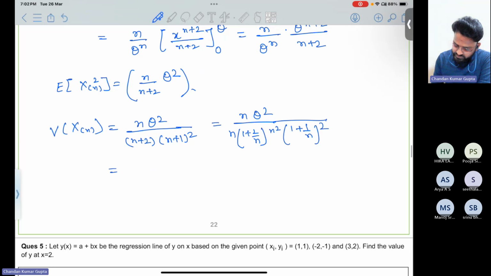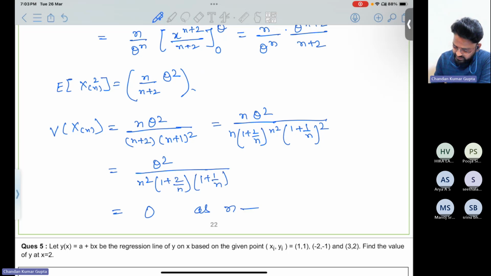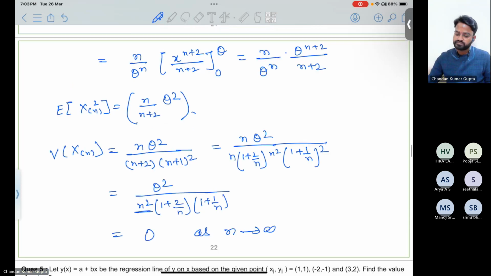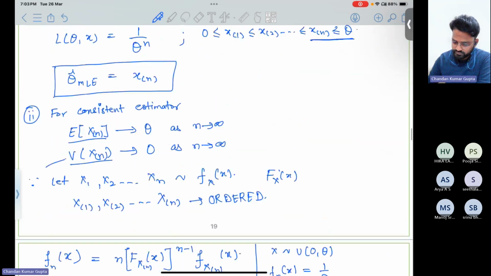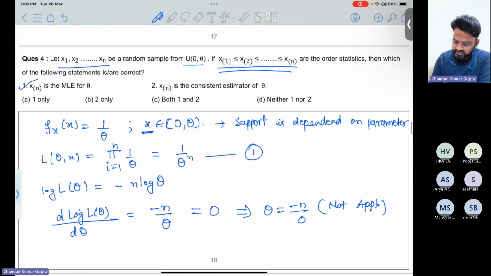Okay, so this comes out to be theta square upon n times 1 plus 2 by n and 1 plus 1 by n square, and this comes out to be 0 as n tends to infinity because here it is n square. So that means the second property also is satisfied. So that means Xn is a consistent estimator of theta as well. So both options are correct. Clear up to this point, na?